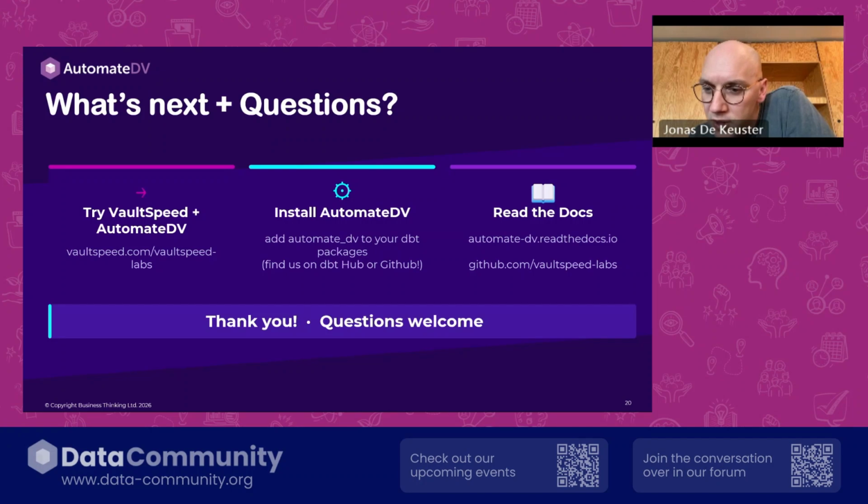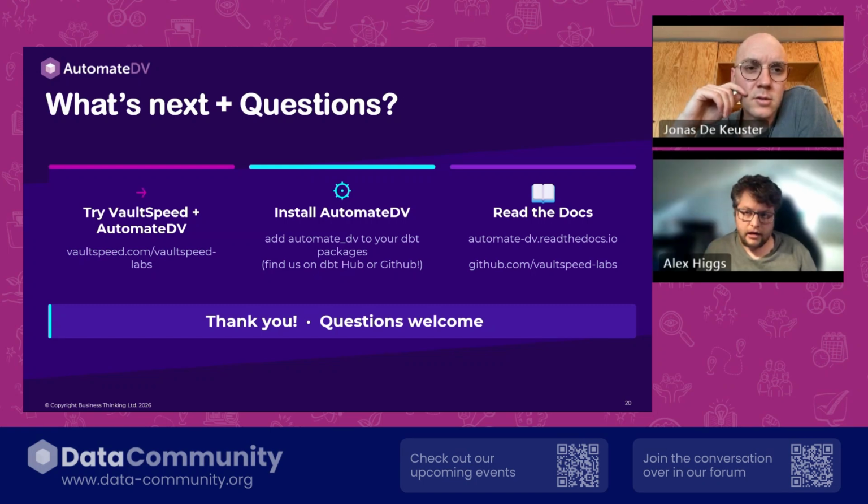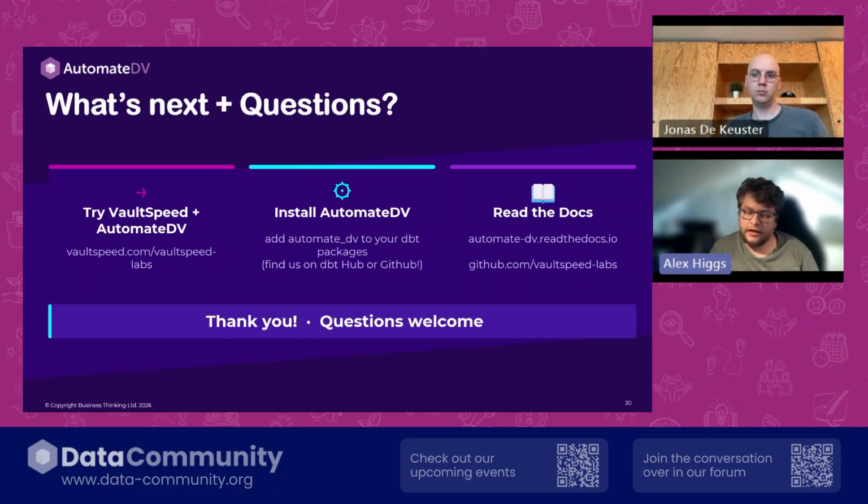Let me go back to the chat. Retries. I think the retries part, if you need to reload because something failed, is more on the DBT side. No, Alex? Yeah, there is actually a DBT retry command that is useful in certain contexts.